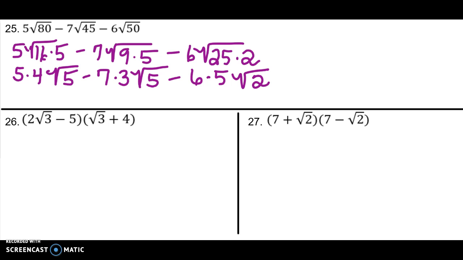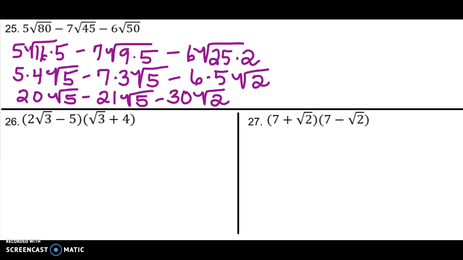Okay, now let's go through and let's simplify. 5 times 4 is 20, square root 5. Minus 7 times 3, that's 21, square root 5. And then the last one, 6 times 5, that's 30, square root 2. All right, now we look to see if we have any like terms. Like terms means they have to have a matching radical.